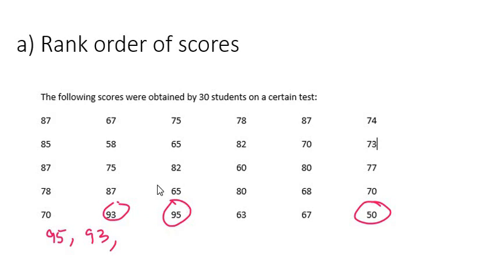And then next we'll have numbers in the 80s, the highest of which is 87. As we can see, we have several scores of 87. So we have 1, 2, 3 so far.